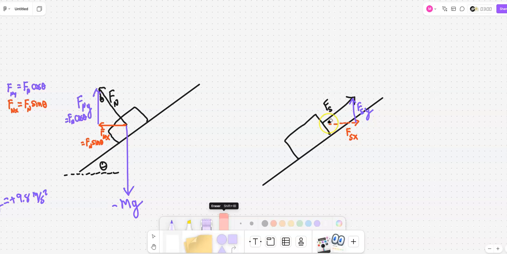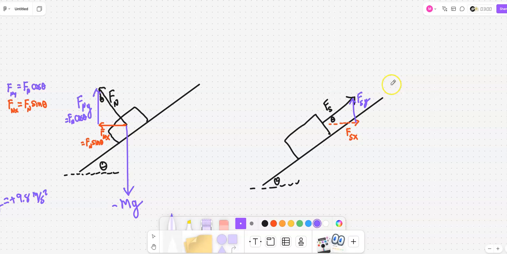I can put that in a better spot so you can see it a little clearer. Force static y. And this angle theta here will equal this angle theta here. We can give it the same formulas that we did before. The only thing that's really changing is the signs on some of these, and you'll see what I'm talking about in a second.